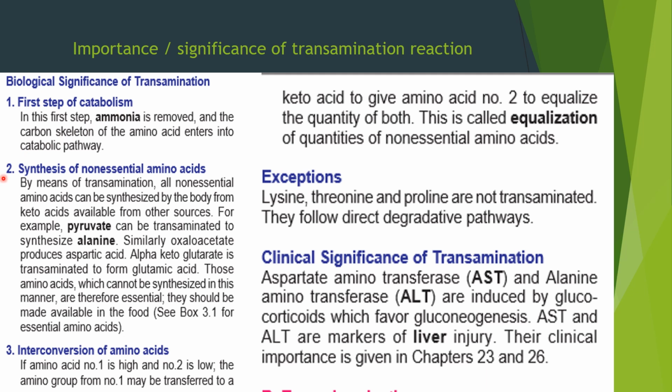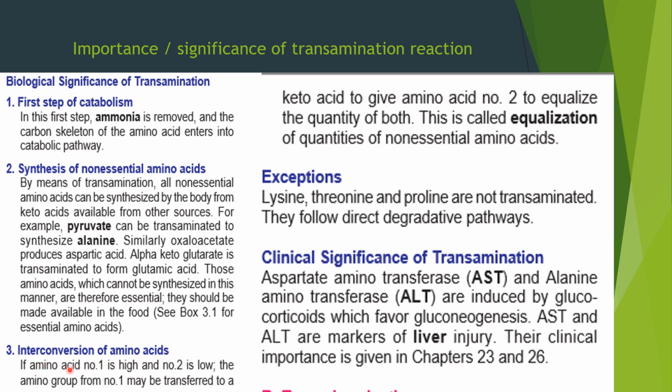The second important biological significance is the synthesis of non-essential amino acids. All the non-essential amino acids can be synthesized by the body with the help of transamination reactions. The third important significance is the interconversion of amino acids.